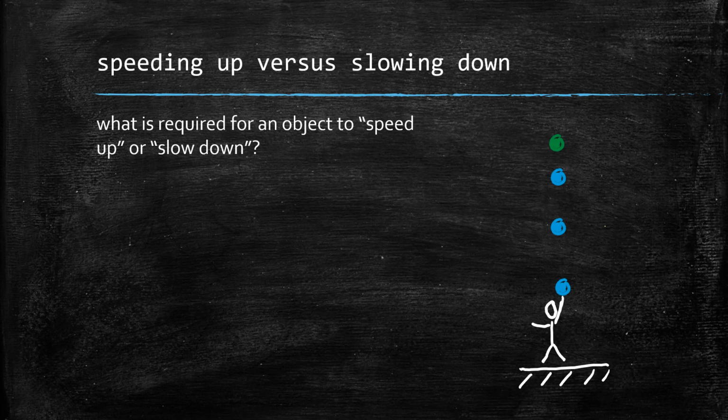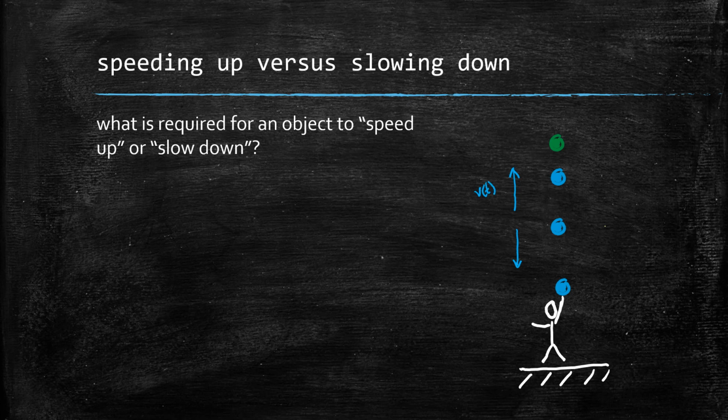So why is it slowing down exactly? Well, we know it's because the acceleration due to gravity is pointing down towards the Earth, even though the velocity as it moves up is positive.